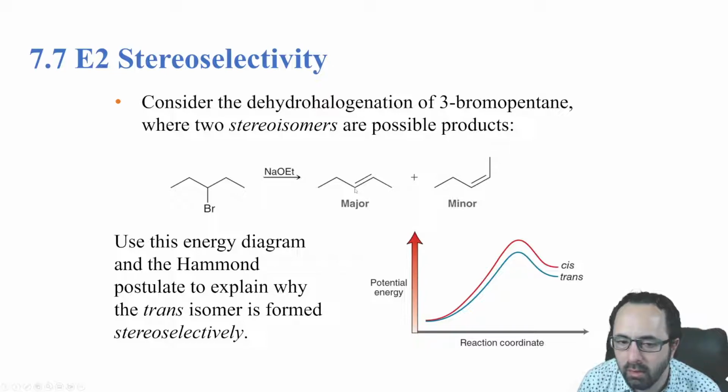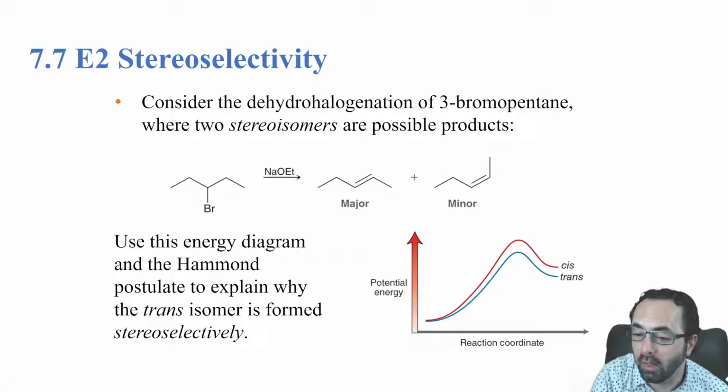The difference is that the products of this reaction have two possible stereoisomers, the trans isomer or the cis isomer. And we already determined that the trans isomer is more thermodynamically favorable. It also turns out that the production of the trans isomer is more kinetically favorable.